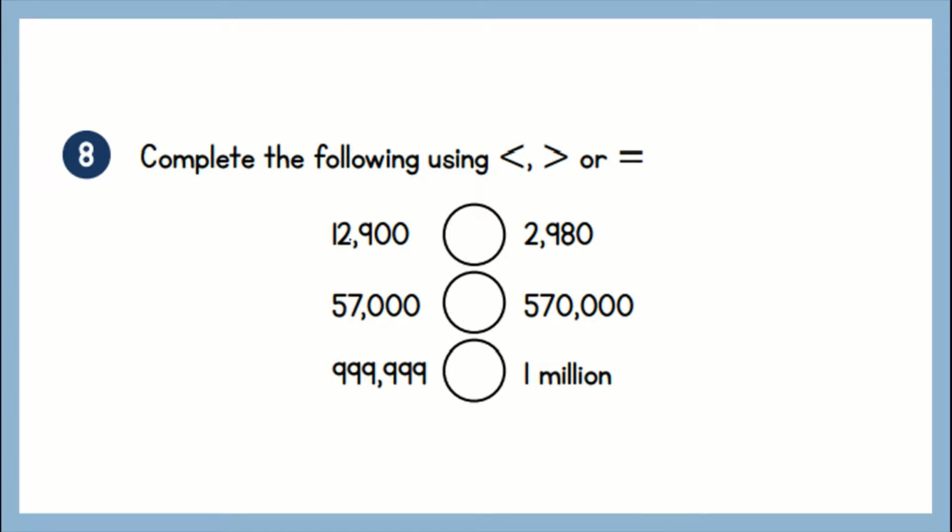The bigger number is this one, so we want it to eat that one. So our crocodile is going to face that way. Here, these two numbers, this one is the bigger number, so we're going to let the crocodile eat that one. And here, 1 million is bigger than 999,999, so we're going to let it eat that one.